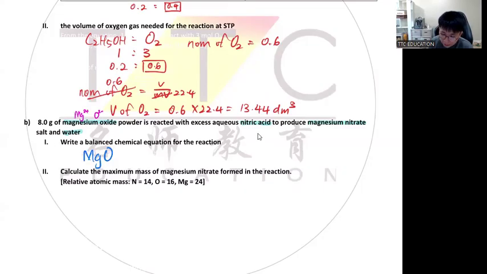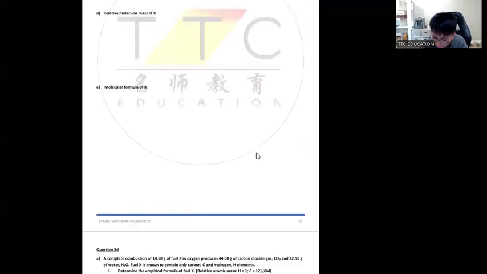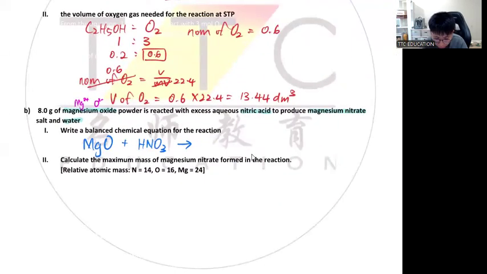React with nitric acid, guys. Do you know what nitric acid is? HNO3. Teacher, where do you get all this? Just in case you're wondering where I get all these, you go back to your notes. Remember the table that I said contains all the formulas? Let me show you.